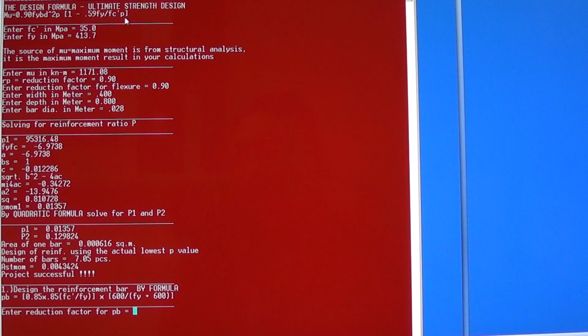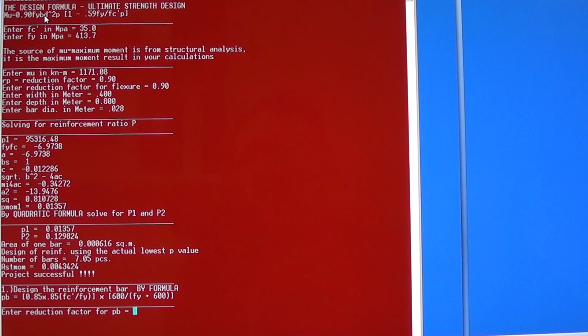This is a bracket, meaning 1 multiplied by this thing goes in there, and multiply this again in this part of the equation. This is minus 0.59 Fy over Fc times the reinforcement ratio. So there are two reinforcement ratios here, it's going to be P squared. Therefore you have a quadratic equation. This is the general formula for the design of the beam.